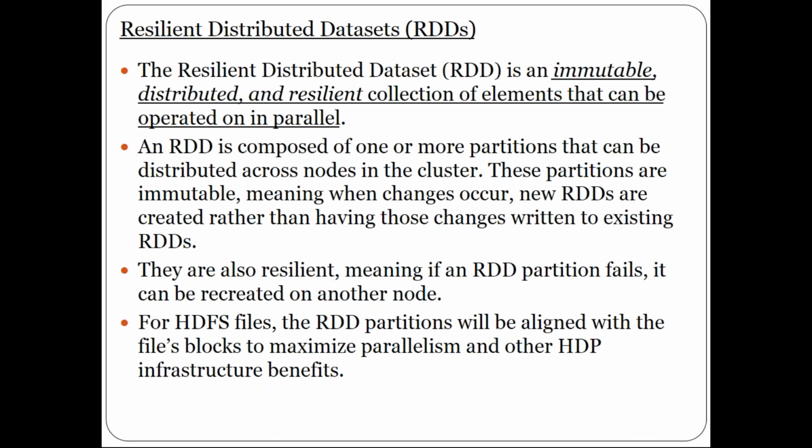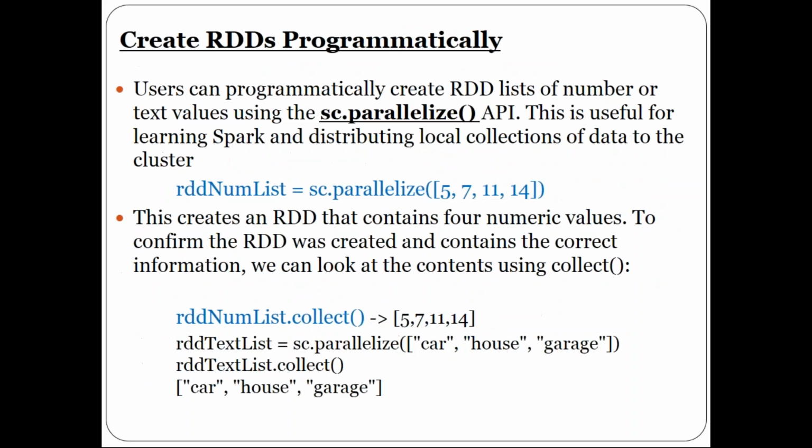Point number two, RDD is composed of one or more partitions. And it is resilient, meaning if one RDD fails, it will be carried forward by another RDD. In the context of HDFS, the RDD partitions will be aligned with the file block size to maximize performance.